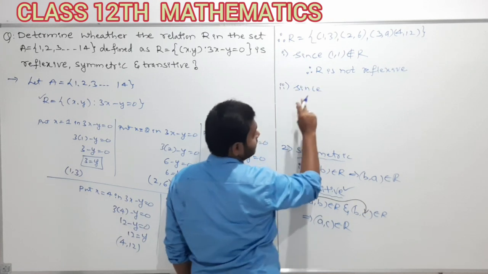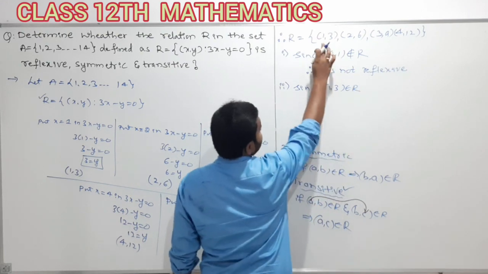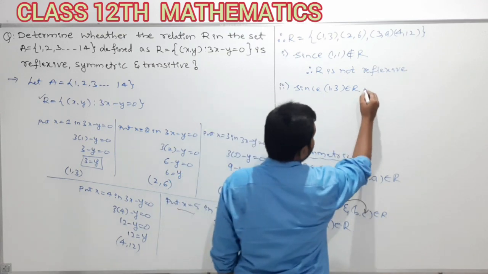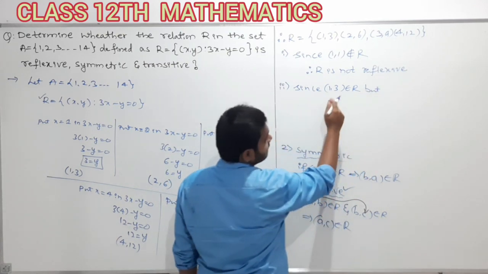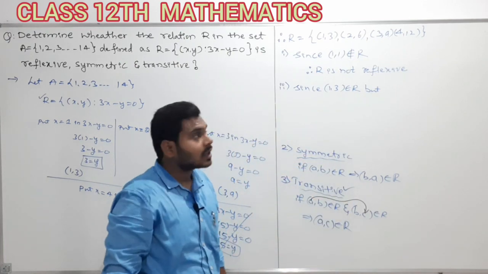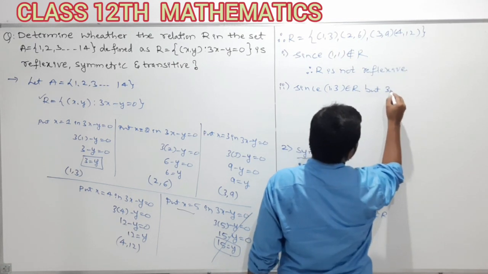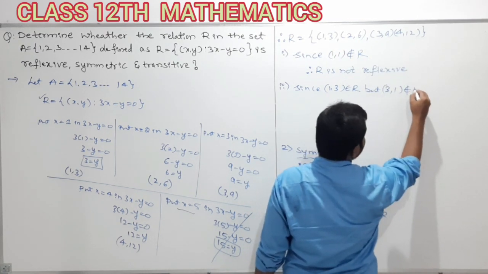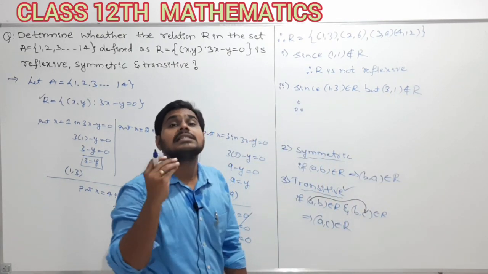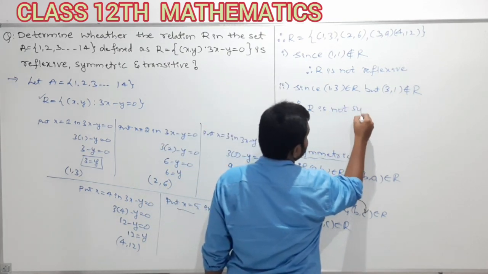Since 1, 3 belongs to R, we check the reverse, 3, 1. Whether 3, 1 is there in the relation R? No, 3, 1 does not belong to R. Therefore R is not symmetric.